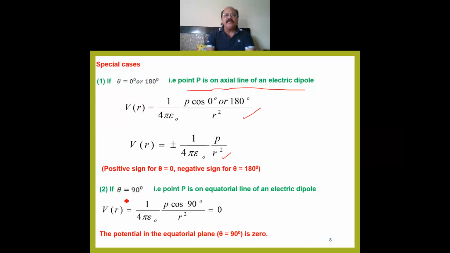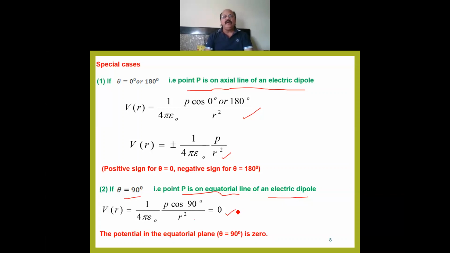Similarly, if we place theta equal to 90 degree, then point P is on the equatorial line of an electric dipole. When you substitute the value, V(r) equals 1 upon 4 pi epsilon naught p cos 90 upon r square, and cos 90 is 0. So that's why it is 0. So electric potential at a point on the equatorial line of an electric dipole is 0.